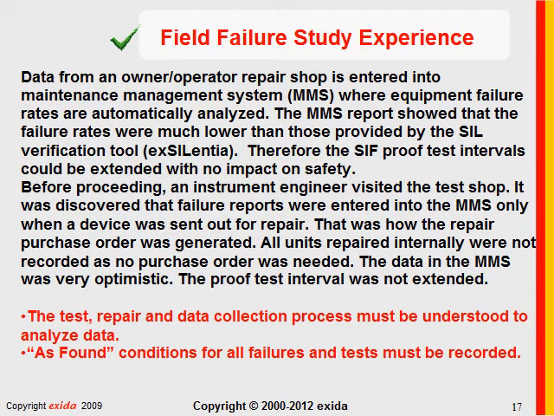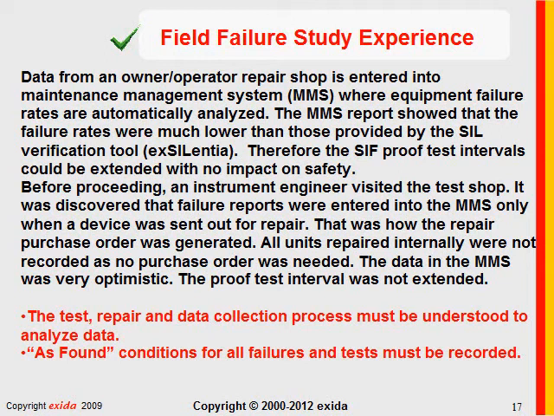That maintenance management system printed out a list of estimated operational hours and number of failures, and in this particular case, this maintenance management system recorded or calculated failure rates, and the instrument engineer saw that the failure rates calculated by this particular system were much lower than those used during the SIL verification.